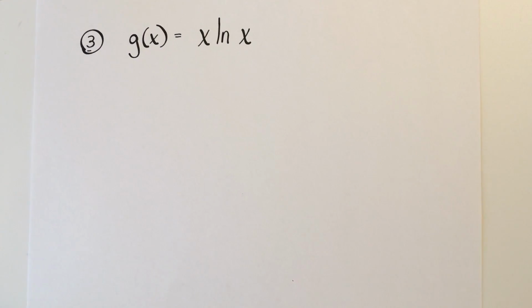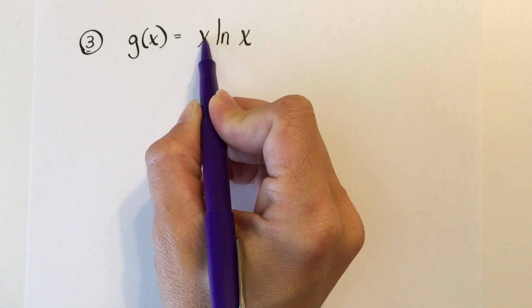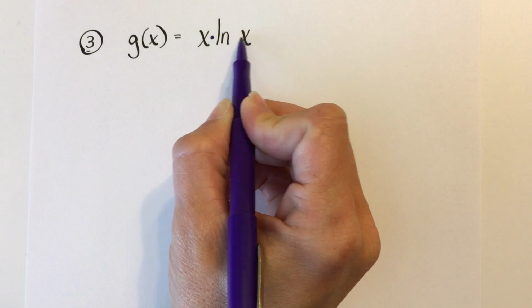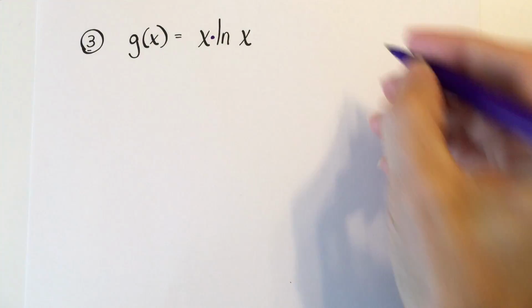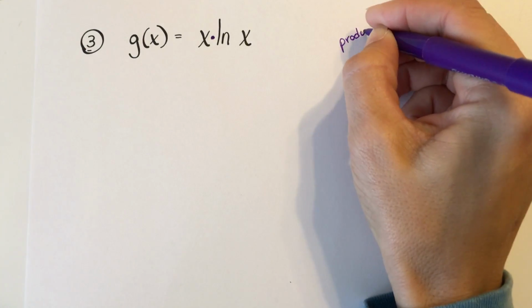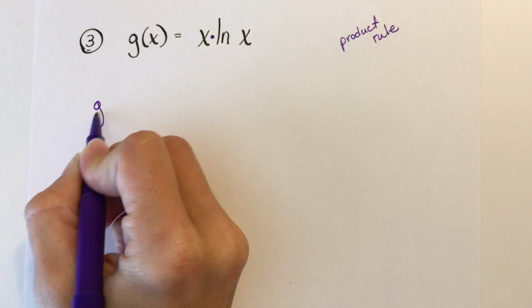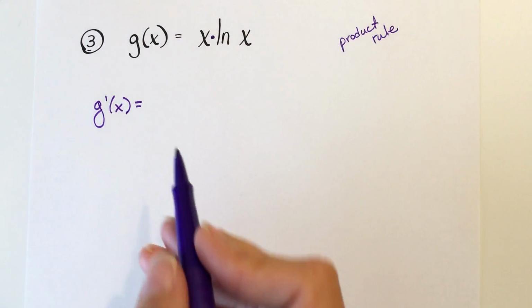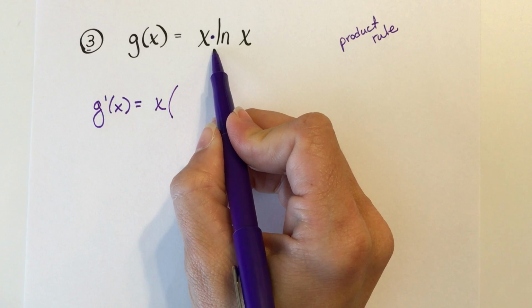Okay, now this one is actually going to incorporate your product rule, because the x is considered to be one function, like your first function. And see, that's being multiplied times your second function, which is your natural log. So like I said, this one you're going to have to use product rule on. Okay, so g prime of x. All right, so you're going to have your first function times the derivative of the second.